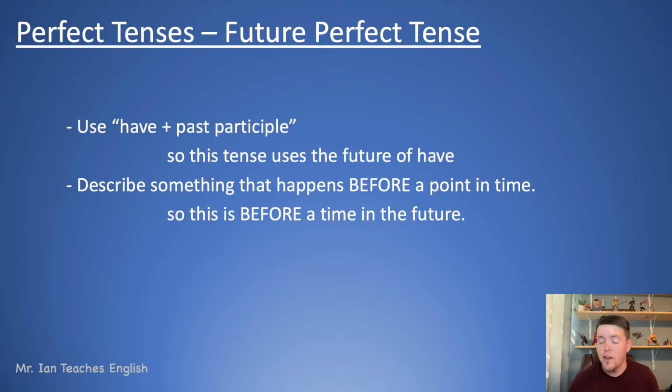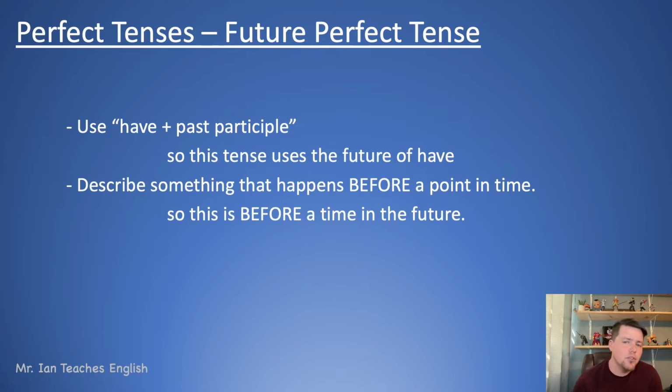Now, what's the future of have? It's will have, or it's possible to use going to for this. I'm going to have, he's going to have, but not very common. For most of these verb tenses here in English, the will is much more common in these advanced future tenses.